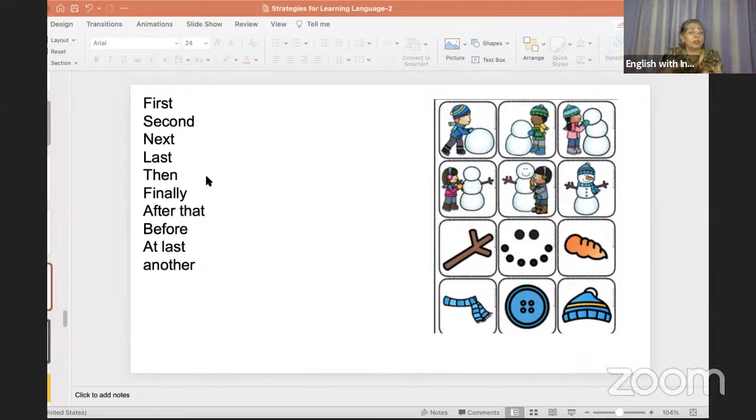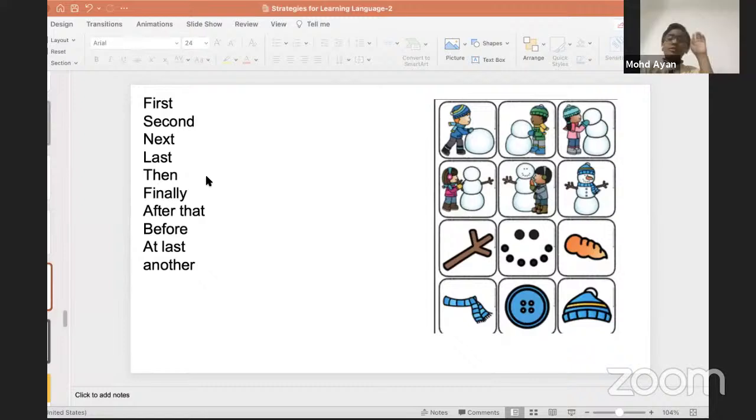The bottom one is pretty much for the legs of the snowman, right? If you see, the snowman is divided into three parts. The bottom is the legs, the middle is for his stomach, and then the head, right? Anyone who wants to try, use the pictures and use the sequence.